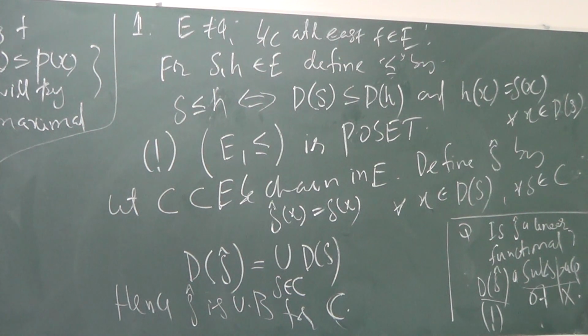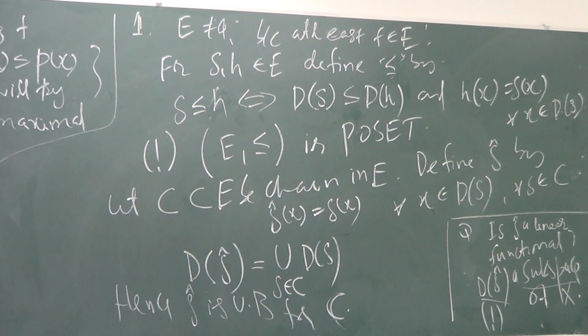If this is the case, we took a chain, we defined a function G hat, and we saw that it's an upper bound for this whole C, so we are in the business of Zorn's lemma.